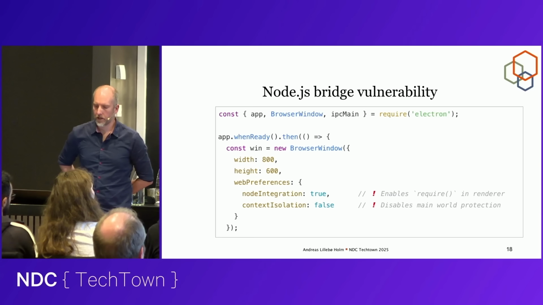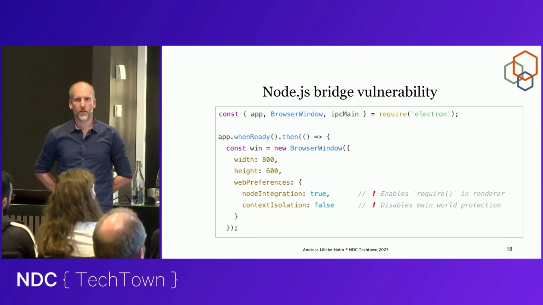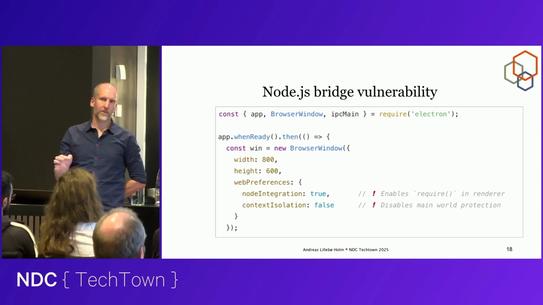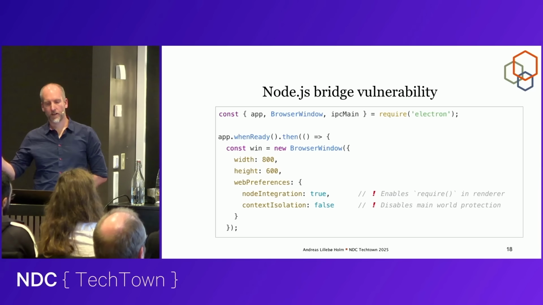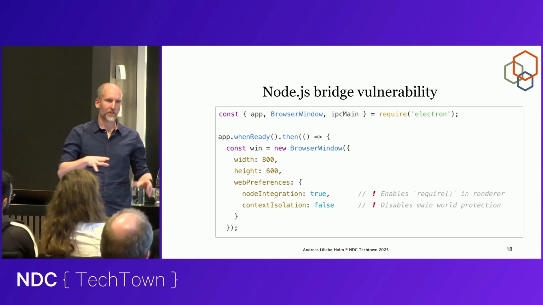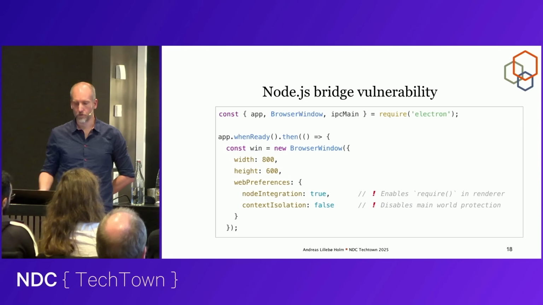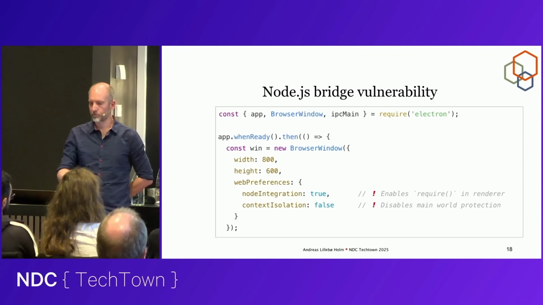And also you have context isolation, which is what you need to set to protect the front end when exposing the APIs that you use to call back and forth.